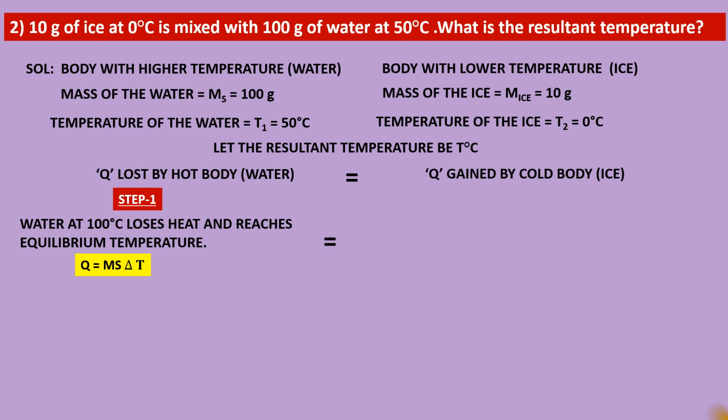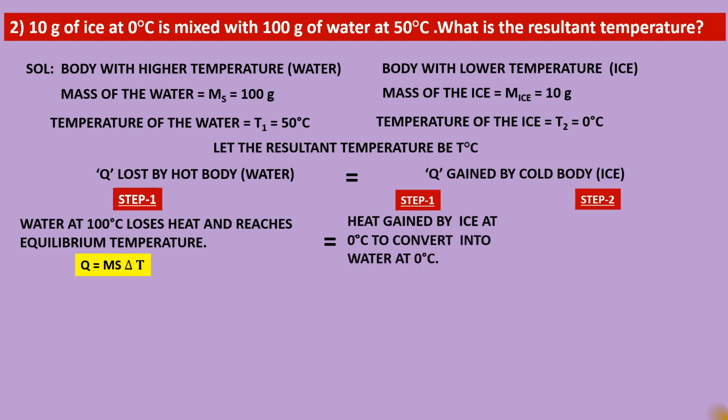Cold body ice gains heat in two steps. One is heat gained by ice at 0 degrees Celsius to convert into water at 0 degrees Celsius. For this, we are using the formula Q is equal to ml. And second step, water at 0 degrees Celsius gains heat and reaches the equilibrium temperature.